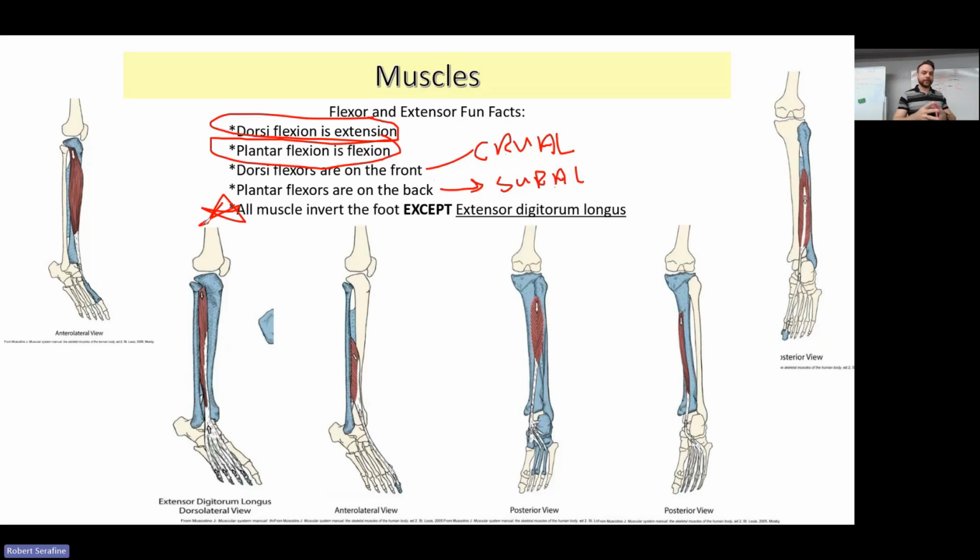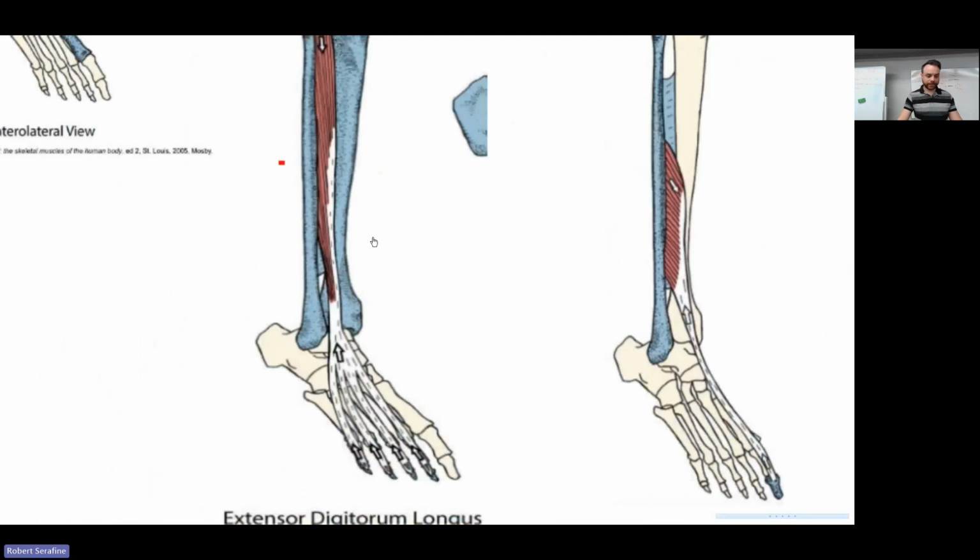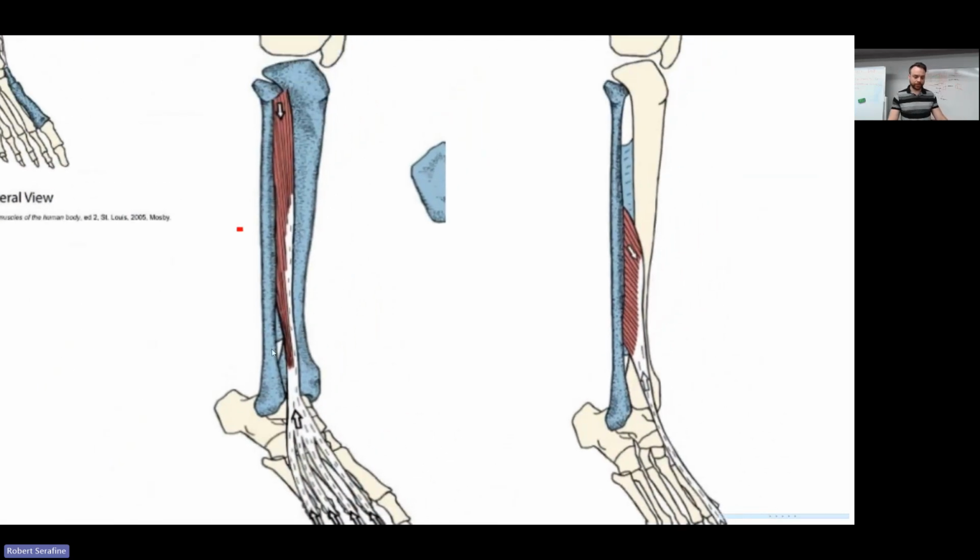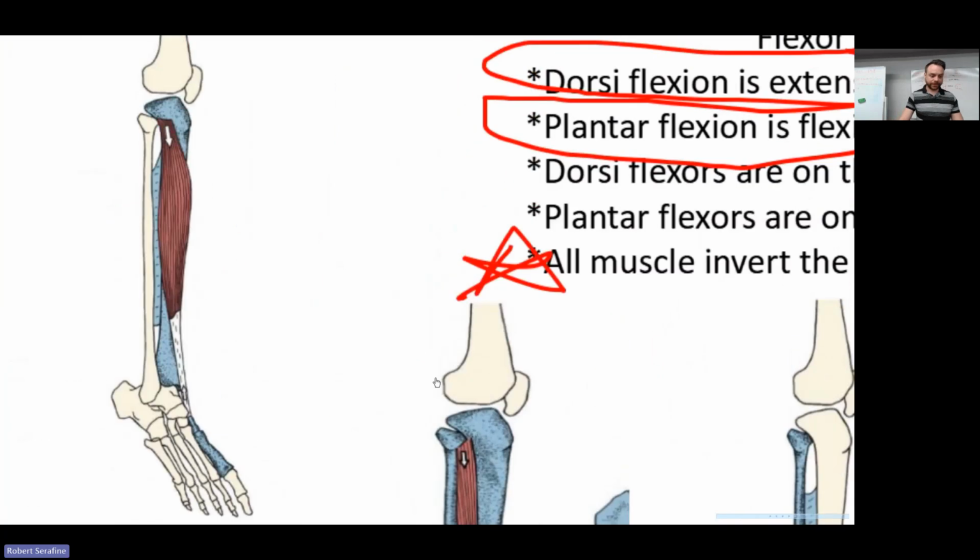Only one out of these 6 muscles everts the foot, which is extensor digitorum longus. And the reason is that with extensor digitorum longus, you can just see by the direction of the pull, it's actually going to shift this foot into eversion.